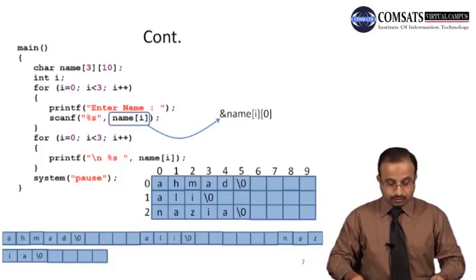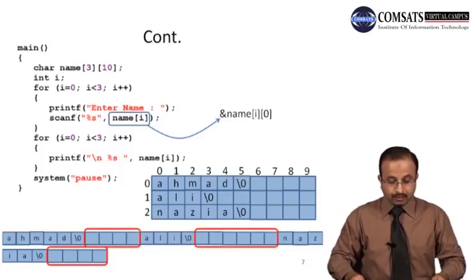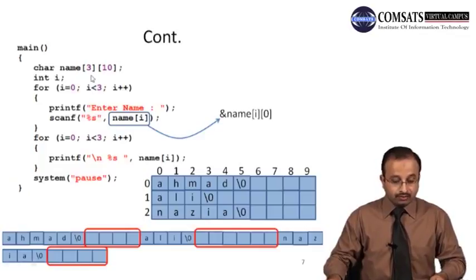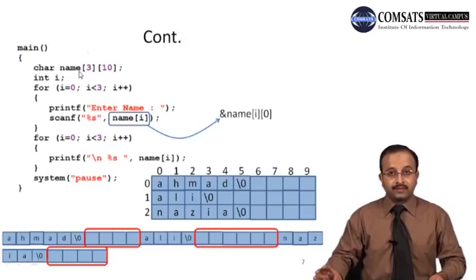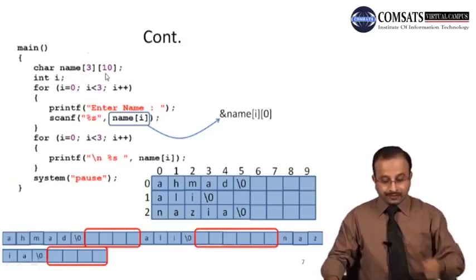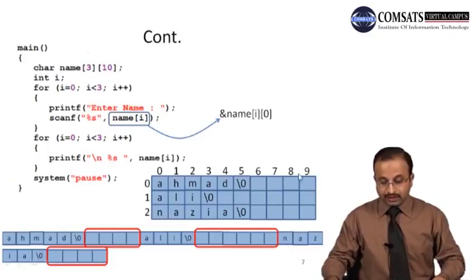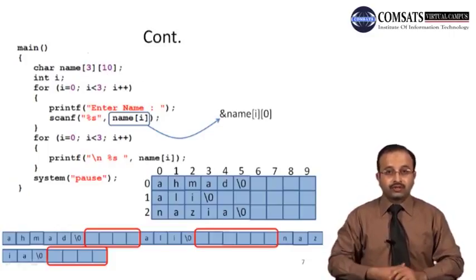But we are not doing this here, because whenever you declare a two-dimensional array, you have to specify the size. It is quite possible that there could be a name whose length is 9 characters, and we have to accommodate that name in the name array too. So usually you keep its length at 20 bytes, going from 0 to 19, because someone's name could be quite long.